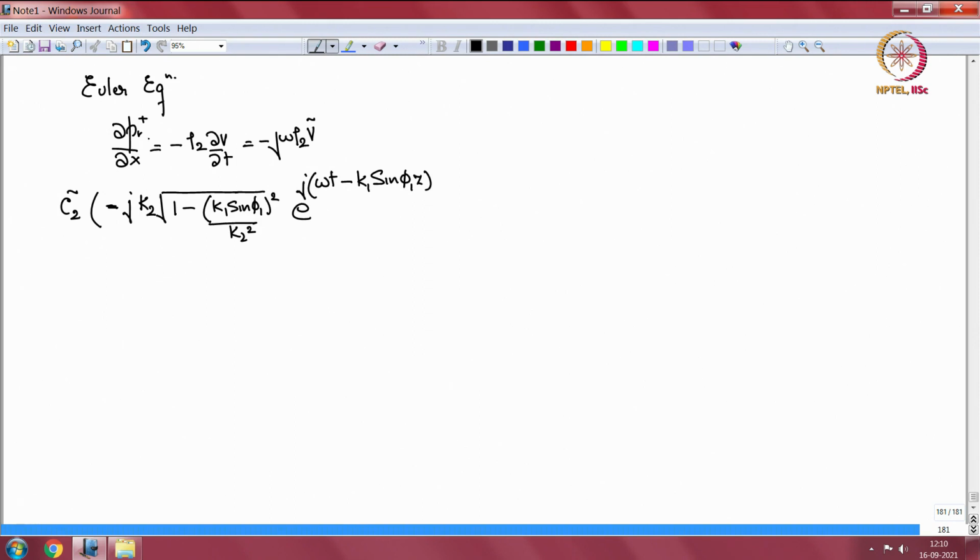We are doing this at x equal to 0. That is equal to minus j omega rho 2 into the velocity e to the power of j omega t minus K1 sine phi 1 z.